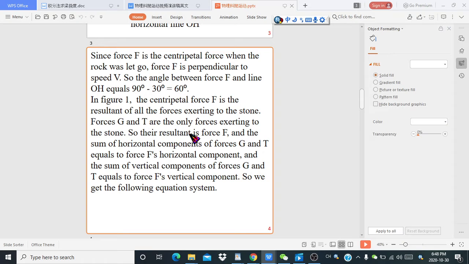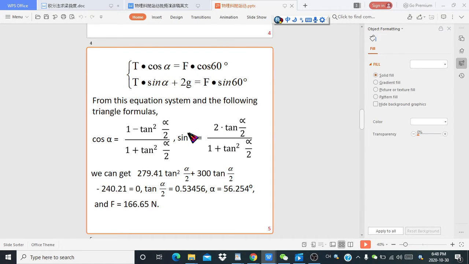This is what I just talked about. From this equation system and these triangle formulas, we can solve the force F. Here's the calculation.